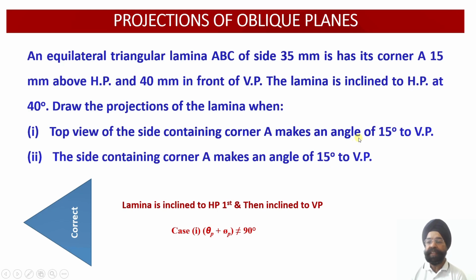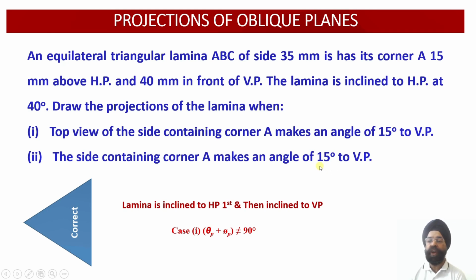Since the top view was given to be inclined with respect to VP at an angle of 15 degree, this was the angle beta in the first case. Whereas here, angle phi, that is the true length of one of the edges passing through corner A, makes an angle of 15 degree with respect to VP. So true length making an angle of 15 degree with respect to VP means angle phi is given.